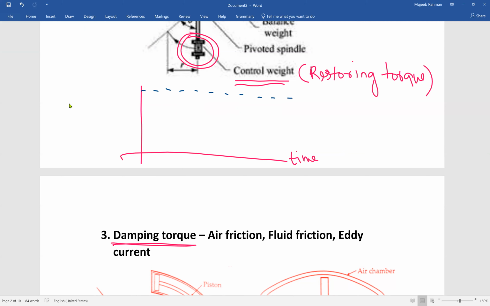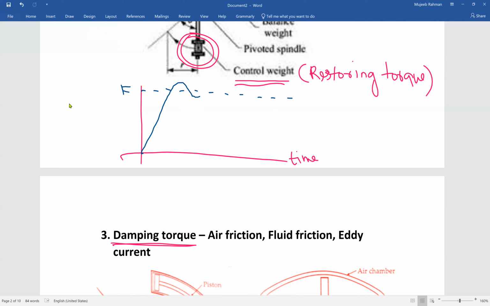Then we will find three types of responses. One type of response is like this. It starts from 0, and we are supposed to reach the final steady state point F. The pointer deflects from the 0 position and goes beyond the final steady state value.